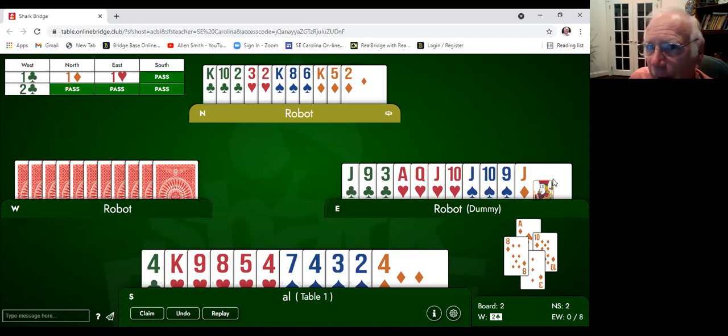Our partner says, my partner started out with the middle card, and then he played up, which is actually pointing towards a low card.